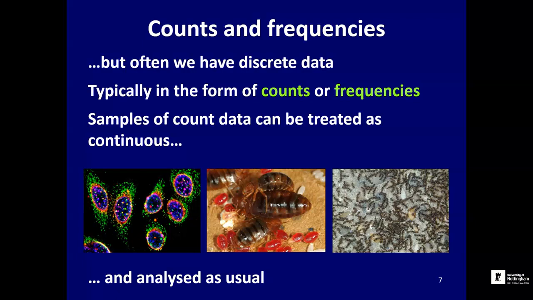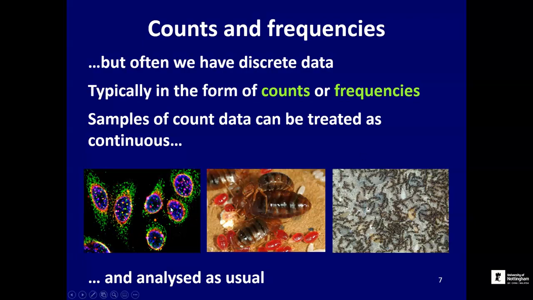There are two kinds of scenarios where we have discrete data, and in one scenario we can basically use the approaches that I've talked about before. The most common form of discrete data that you're going to encounter in the life sciences comes in some form of count or frequency, and count data in a classical sense can be most of the time treated as if they are continuous, specifically if we collect whole samples of count data.